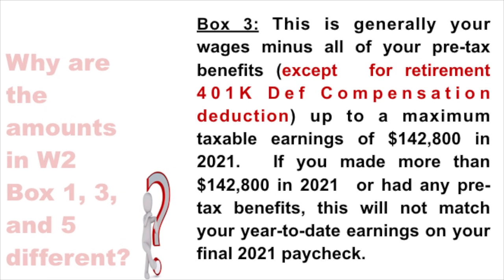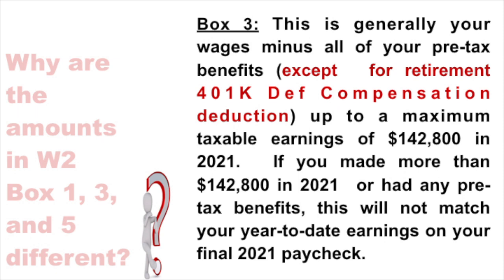Let's look at box 3, which is your Social Security wages. This is generally your wages minus all of your pre-tax contributions, except for the retirement 401k deferred compensation deduction. Now the important thing over here is that Social Security has a wage cap. We are only taxed up to a certain limit for Social Security, and this limit is increased every year.